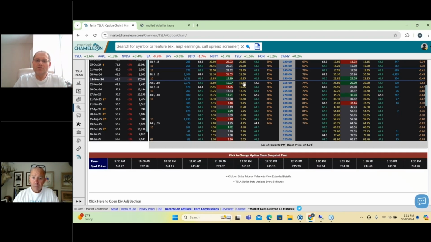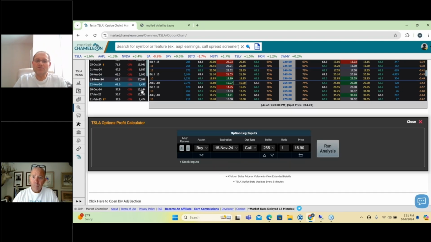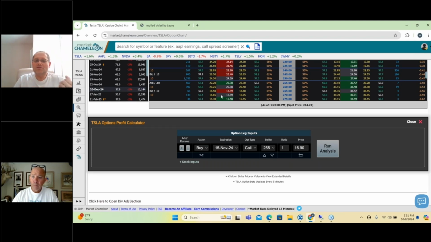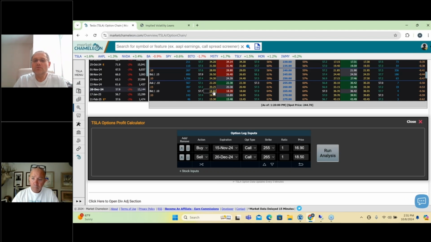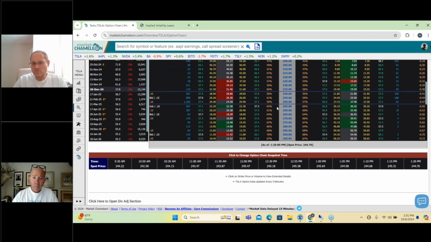You could go from one expiration to a different expiration and do a horizontal spread, or a risk reversal and so forth.